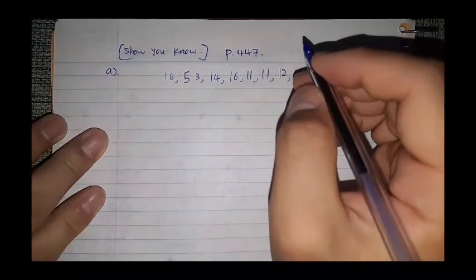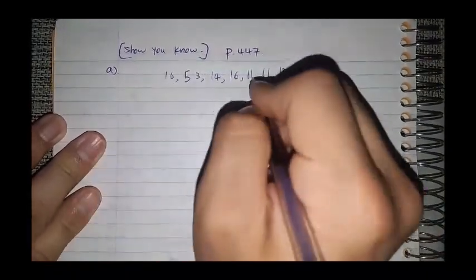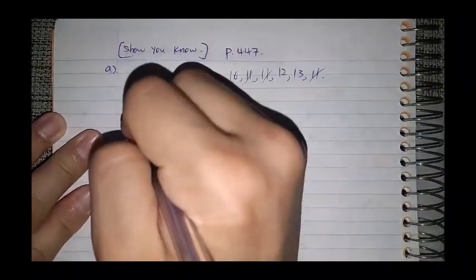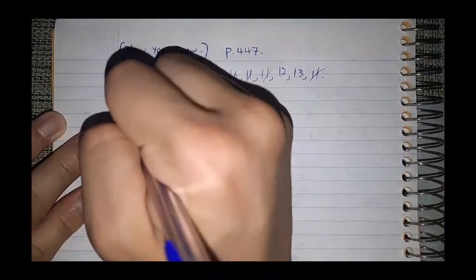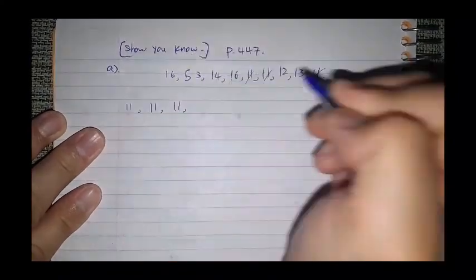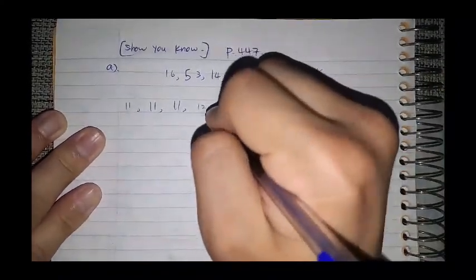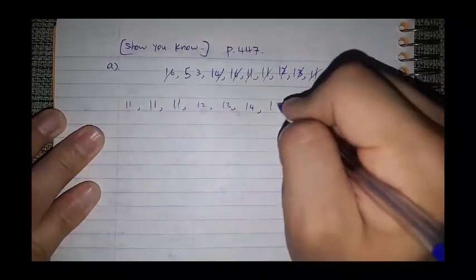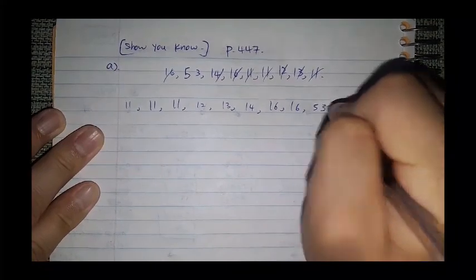Let's arrange the numbers first. 11, 11, 11, 12, 13, 14, 16, 16, 53.